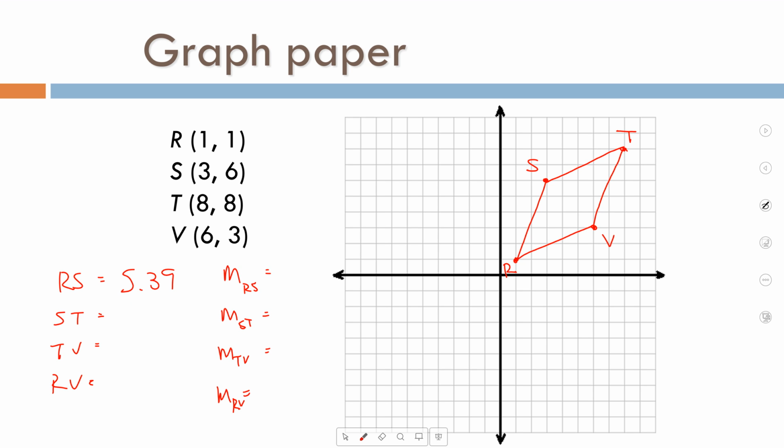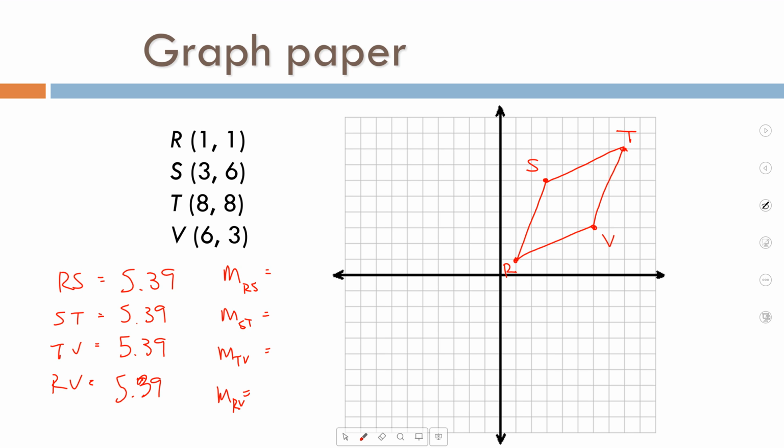How long is ST? How long is TV? I'm seeing a pattern here. I'm guessing that RV is also 5.39?